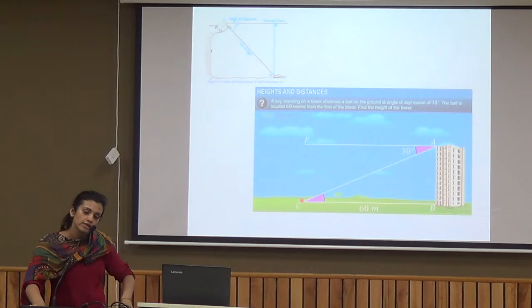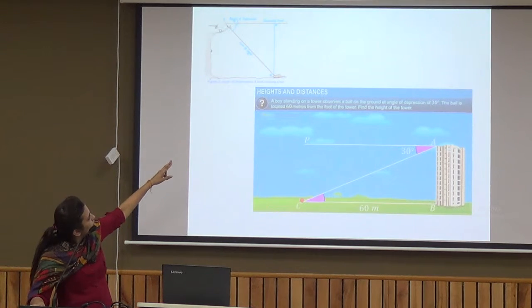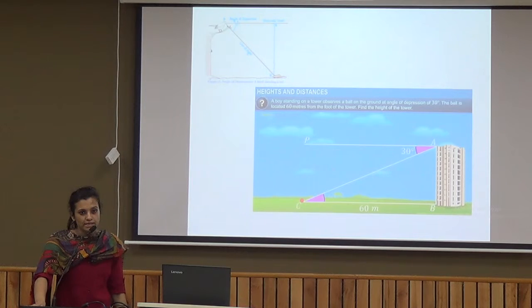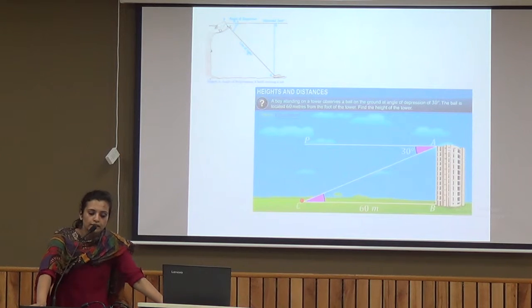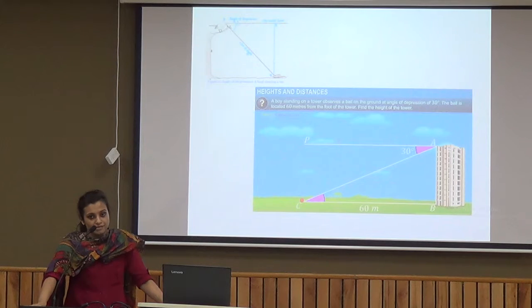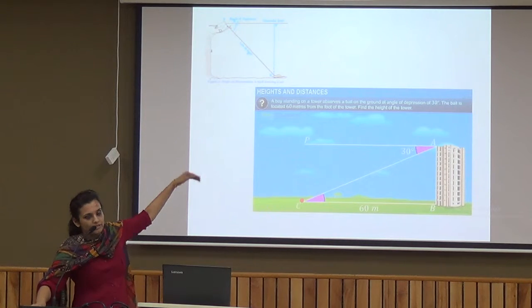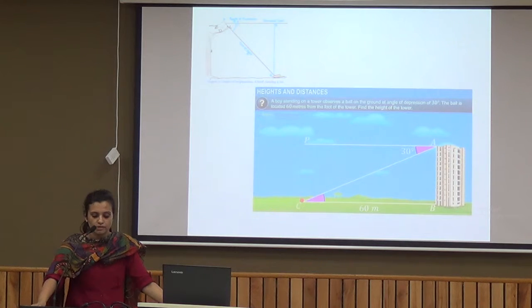And the same way, the mouse has its line of sight towards the bird, and the angle at which the mouse has to elevate its eyes is the angle of elevation. Now this gives rise to the fact that, yes, you got it right. Angle of elevation will be equal to angle of depression because the two horizontal lines are going to be parallel and the line of sight makes the transversal.